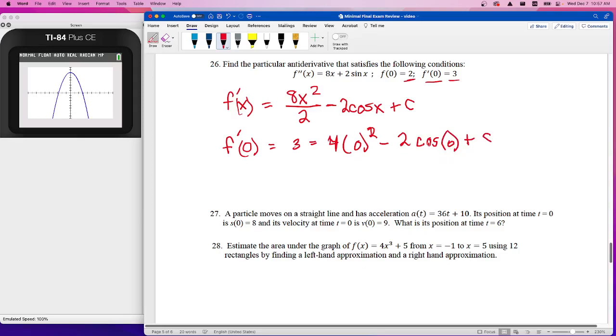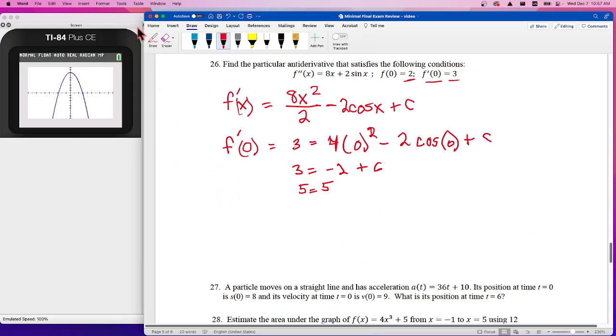Now cosine of 0 is 1, so that gives us that 3 equals negative 2 times 1 plus c. Add 2 to both sides, and you get 5. That c is equal to 5. Okay. So what does that mean?